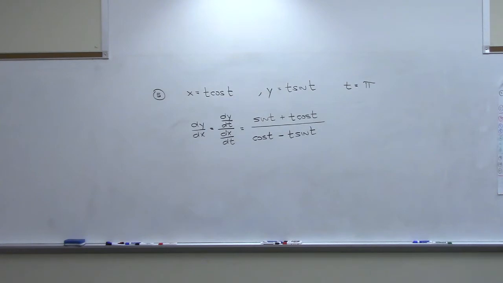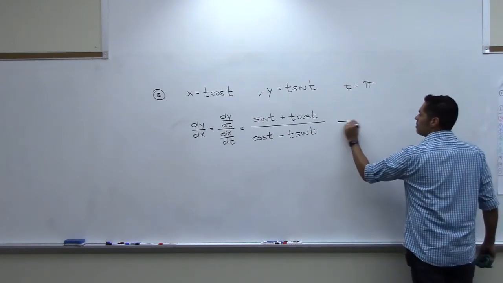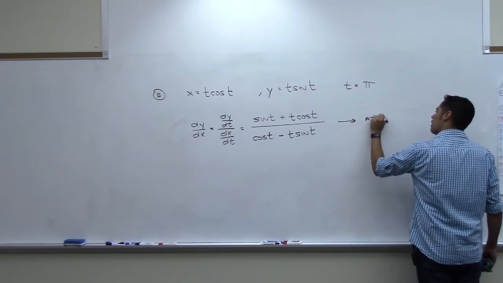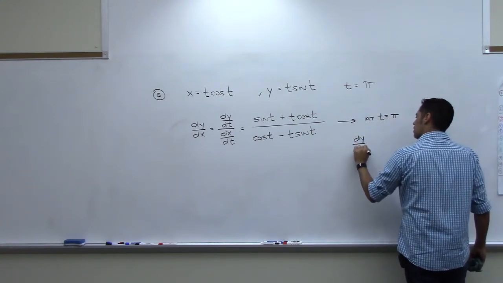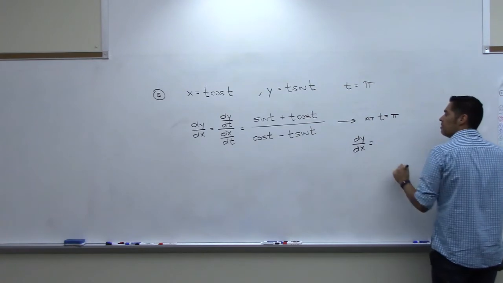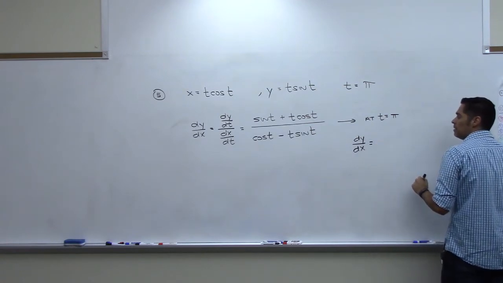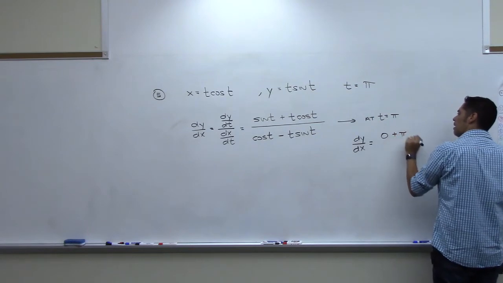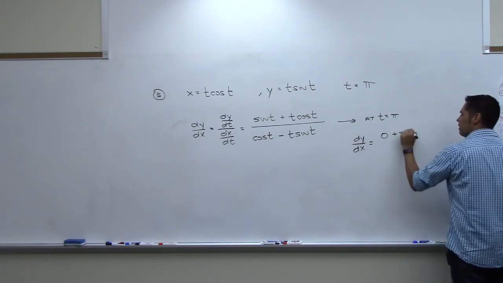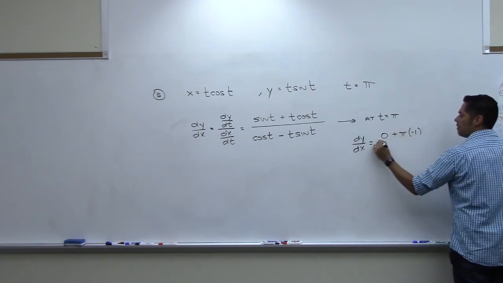Now at pi, we're just going to plug pi into this. So at pi, you get that dy/dx is sine of pi, what's sine of pi? 0, plus pi times cosine of pi, negative 1, right?